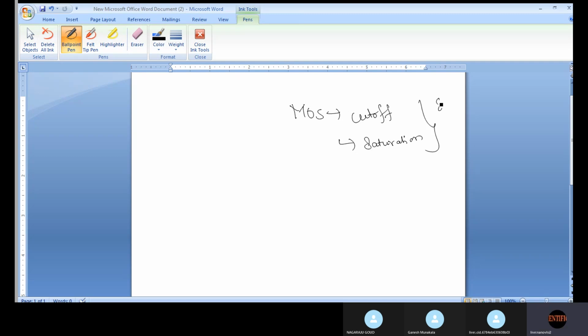Why? Because digital electronics is nothing but the 101010 concept. The whole of digital electronics runs on the 101010 concept, so that is nothing but a switch. If you want to use your MOSFET as an amplifier, it should operate in the active region.